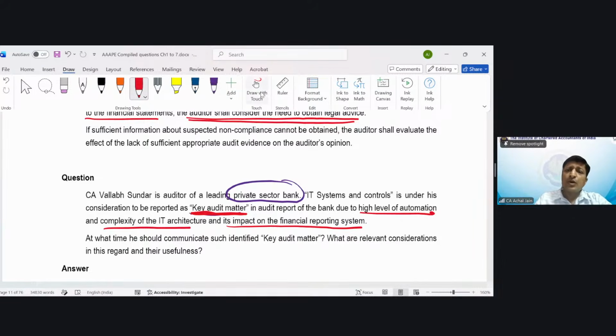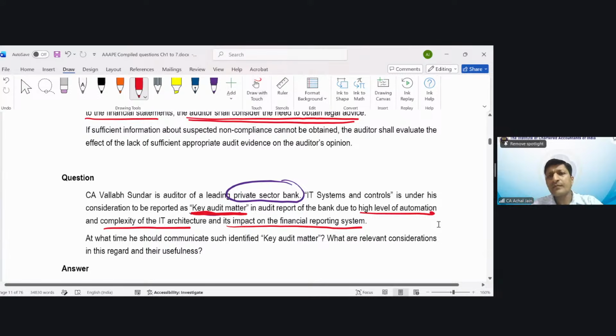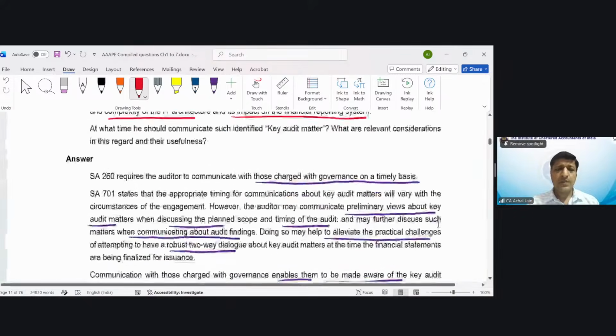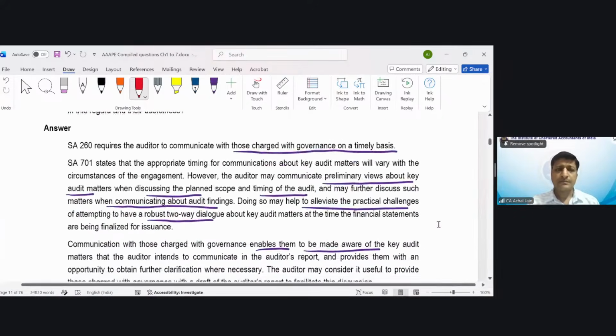So how do you really go about it in terms of its reporting? That's one. What are the relevant considerations in this regard and their usefulness? It means you need to share complete insights as to how you go about it in such a case. So let's look at this.